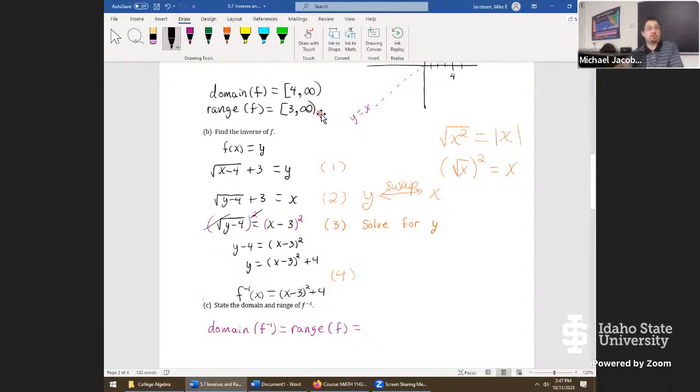This is the major reason why we calculate domain and range to start. It goes from 3 all the way to infinity, like we saw in the graph. The next formula, also in purple, is that the range of the inverse function, so that's the range of this function here, we go all the way to the top, and it's the domain of the original function. So domain of f, which is then equal to 4 to infinity.